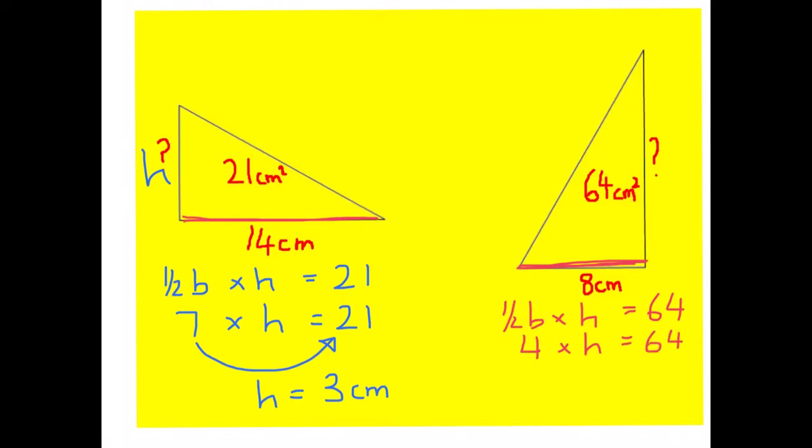So I need to do a division sum of 4 into 64. Quite tricky, so we can write ourselves out a division step. 4 into 64. 4 into 6 goes once, 2 left over. 4 into 24 goes 6 times, so my h equals 16 centimeters.